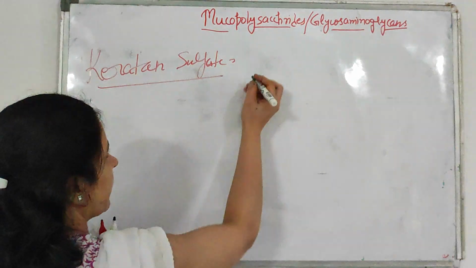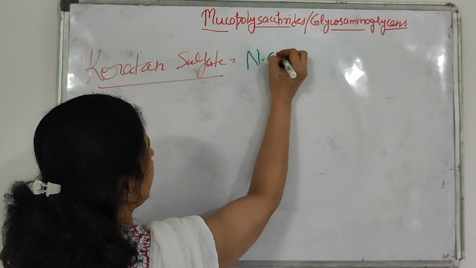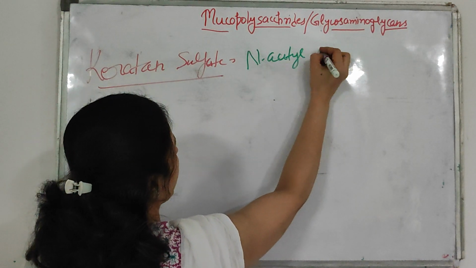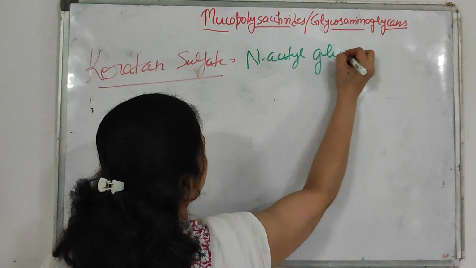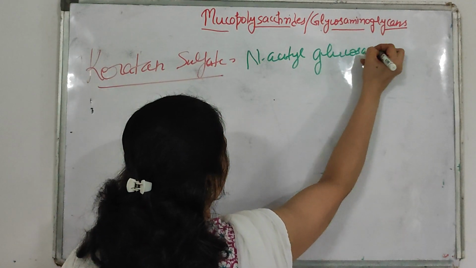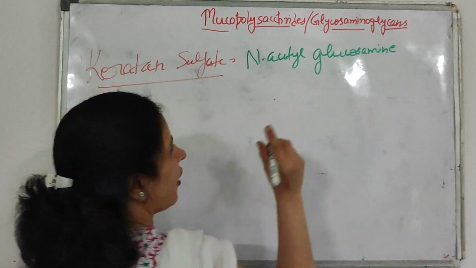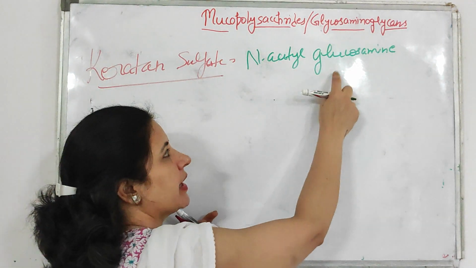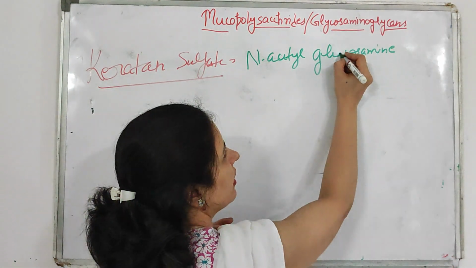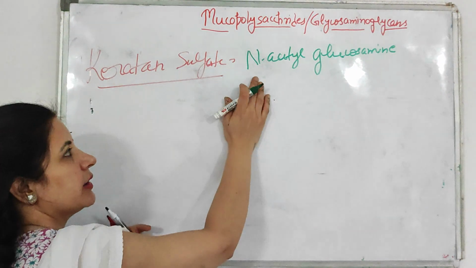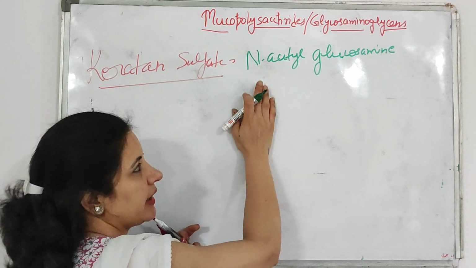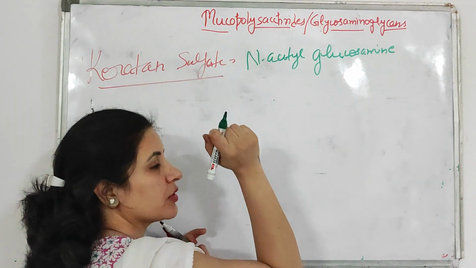So what is the composition of keratan sulfate? Keratan sulfate is made up of N-acetyl glucosamine. As I told you, only chondroitin and dermatan have galactosamine. Otherwise, all GAGs have glucosamine. So the amino sugar in keratan sulfate is N-acetyl glucosamine.